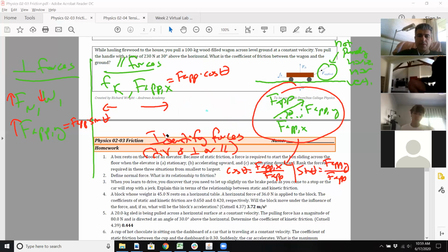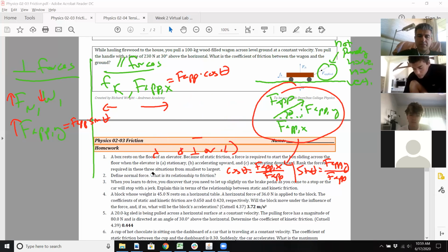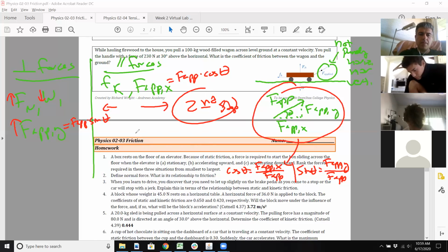Step 2 is you gotta make your equations. Make equations using Fnet.